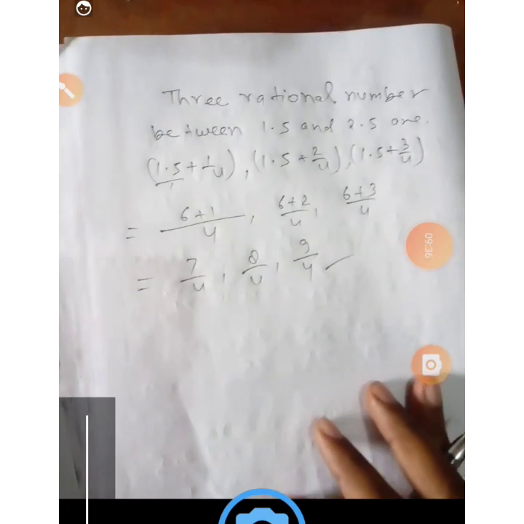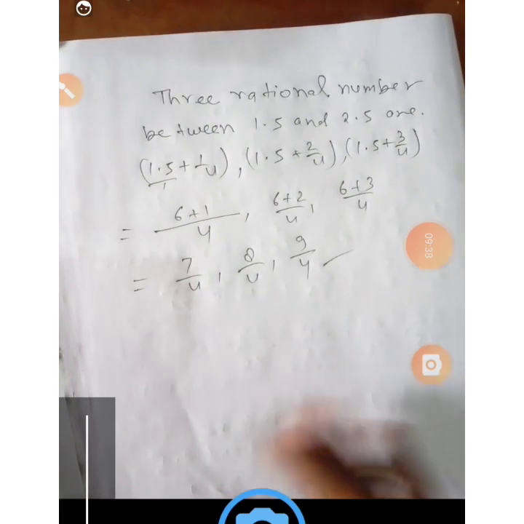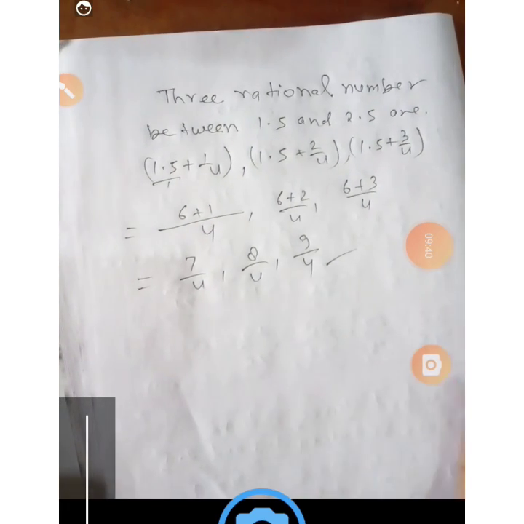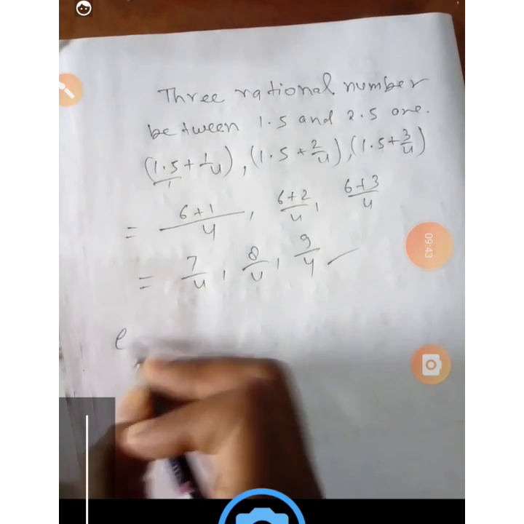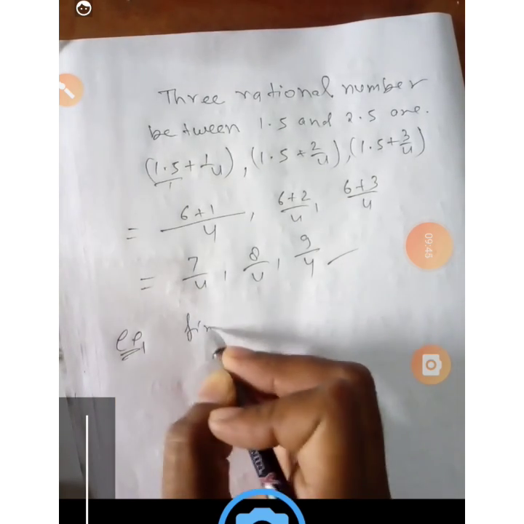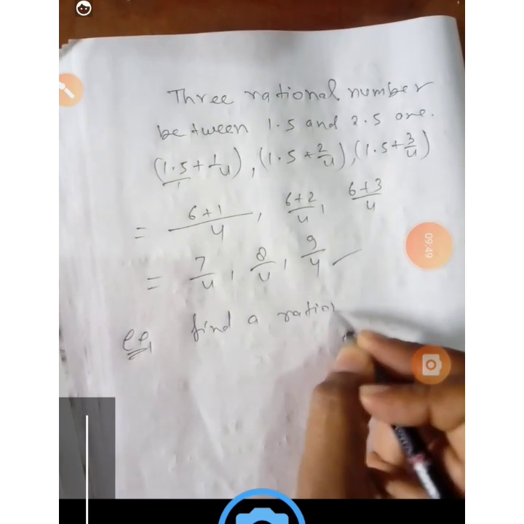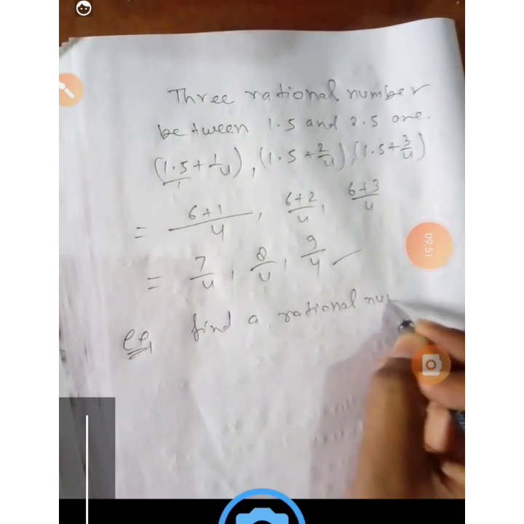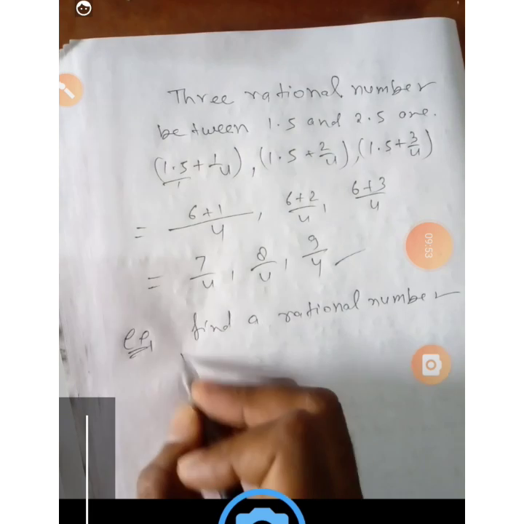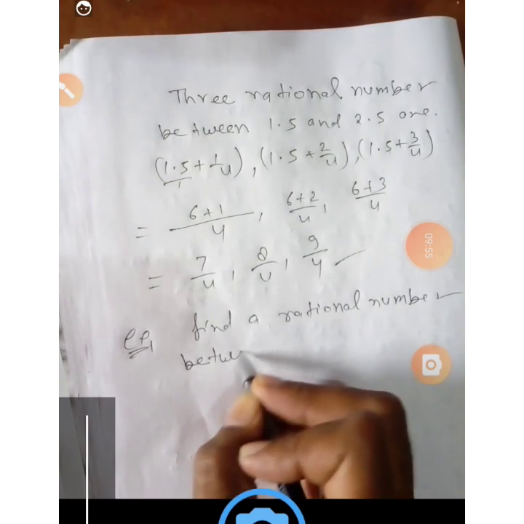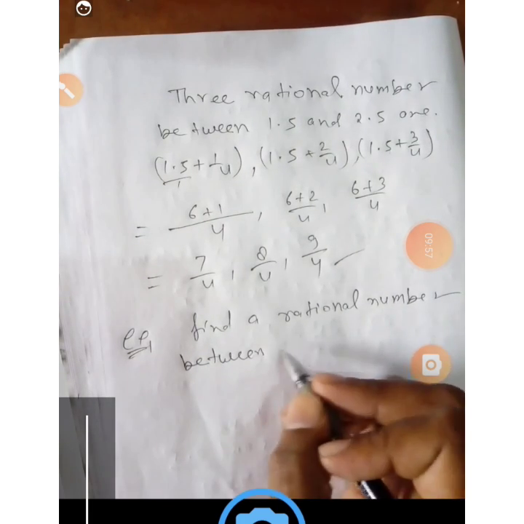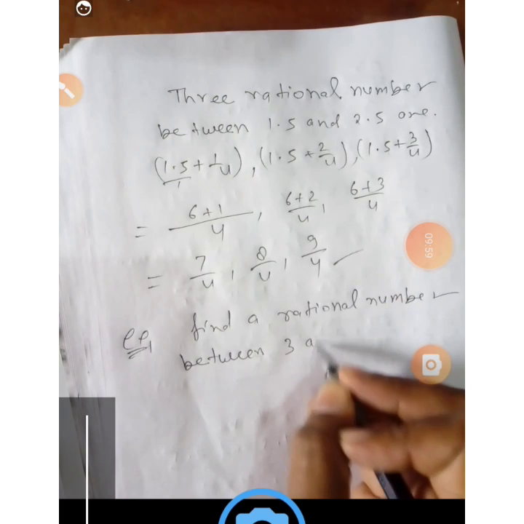But if you want to find just one rational number between any two rational numbers, another example: find a rational number between 3 and 5.